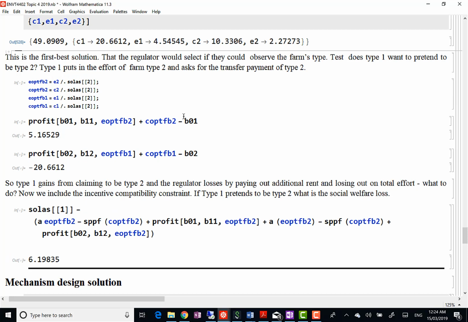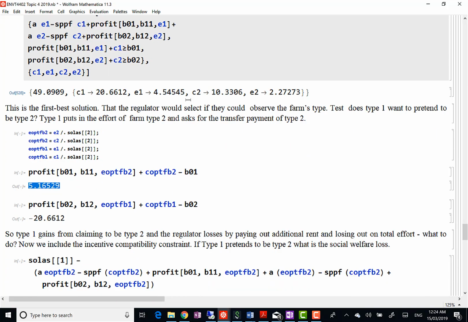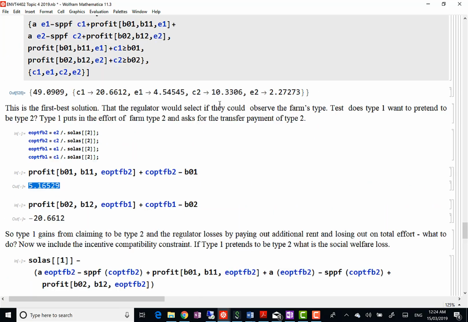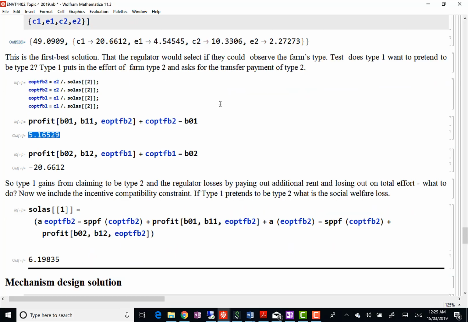So if we do that, then what we find is that farmer 1 earns a rent which is equal to 5.165. So the contract they're being offered pays them no extra money over and above their cost of effort.